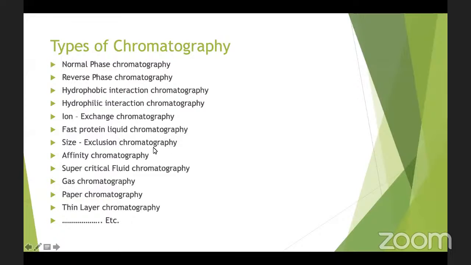If you have a mixture of proteins that you want to separate, but it's protein, not antibody, then you will use size exclusion chromatography to purify it based on size. Or if you want to isolate phytocompounds, you will use either thin layer chromatography or paper chromatography. So depending upon your use, you can choose what kind of chromatography you want.